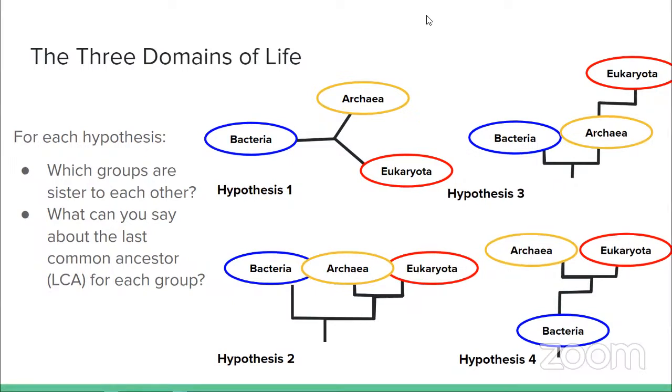So go ahead and go through each of these and think about what we have as sister groups and what we can think about the last common ancestor for each of these groups. I'm going to give you a second to look at these trees and think about how they're different and how they're potentially the same for some cases.